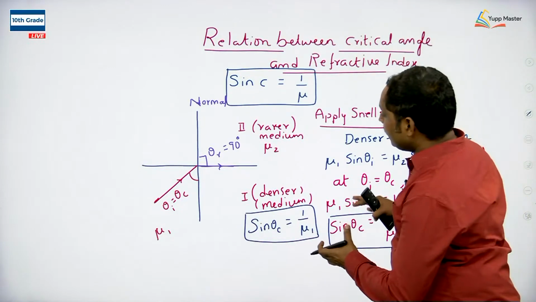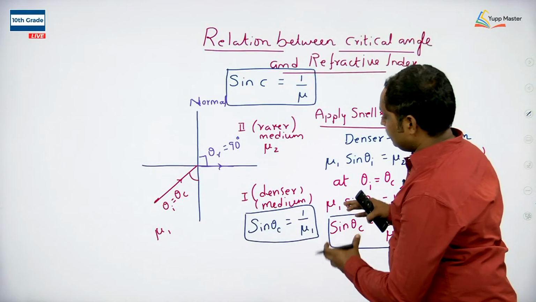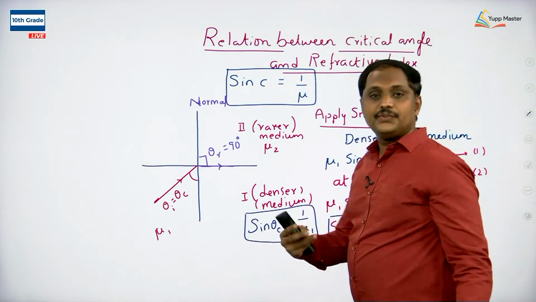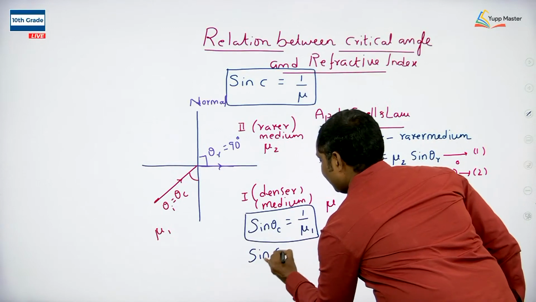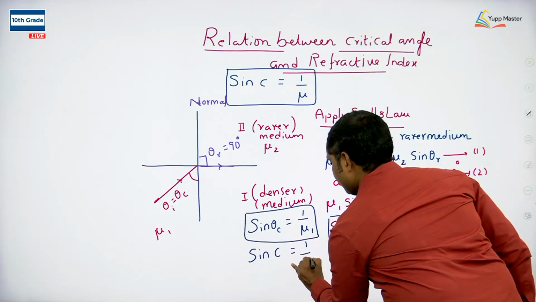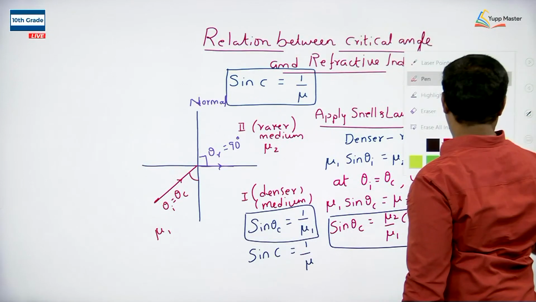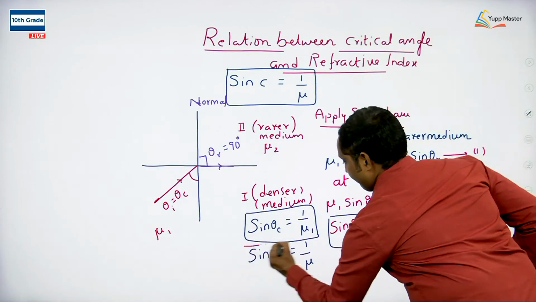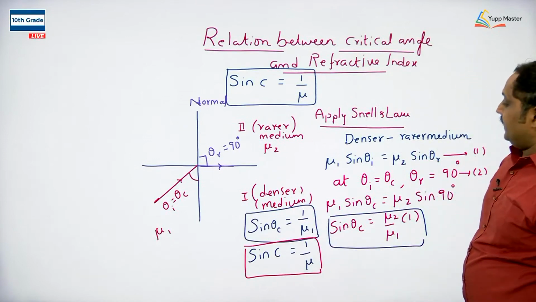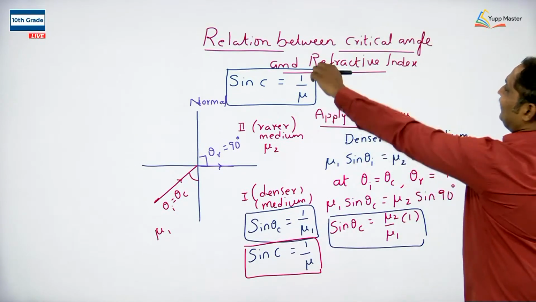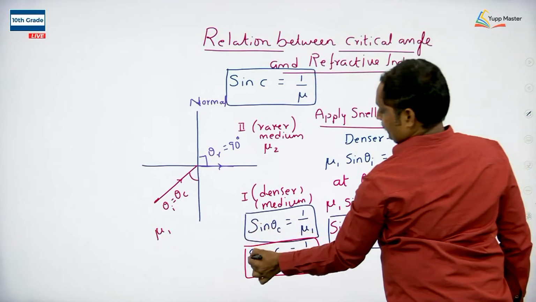This expression has one generalized form, that is sin c is equal to 1 by mu. Yes, you can take that. So c is what we have obtained.